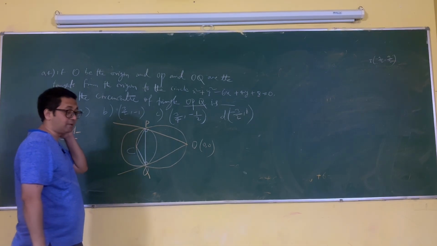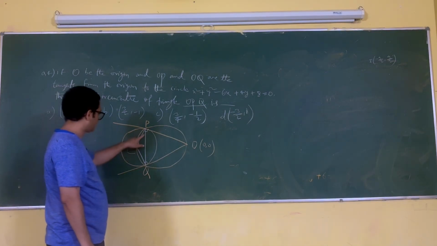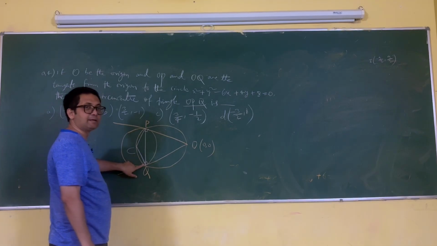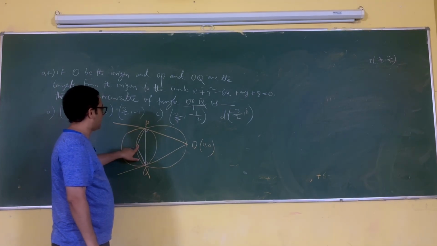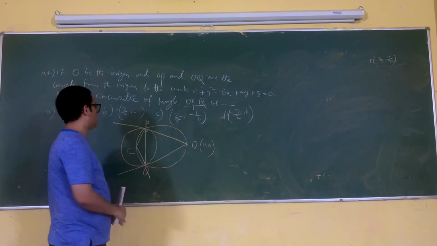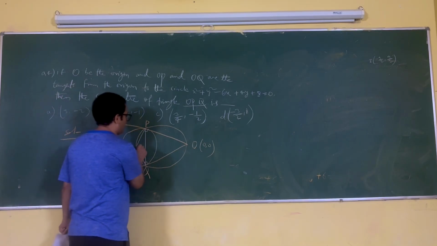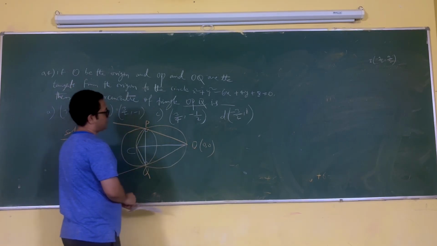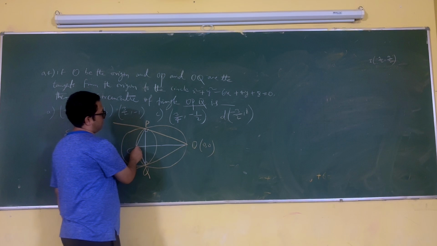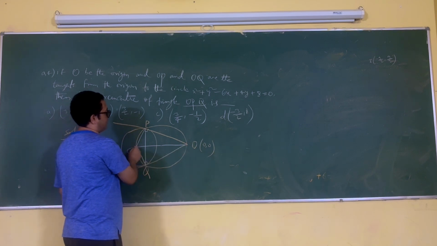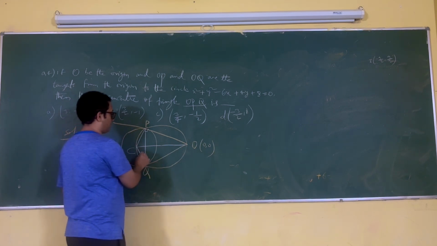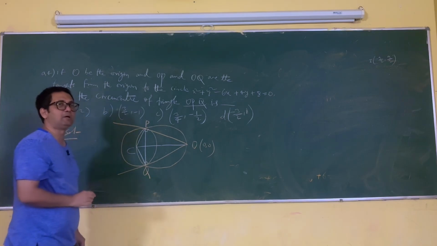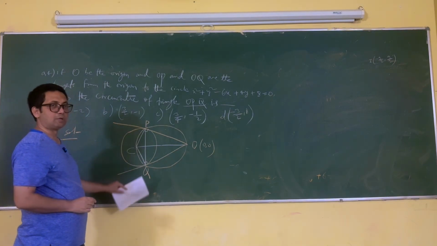What is the reason for that? Because this angle and this angle are 90 degrees, right? So this angle and this angle will be supplementary, and one thing, if you join here, this becomes the diameter. OC is the diameter of the new circle.